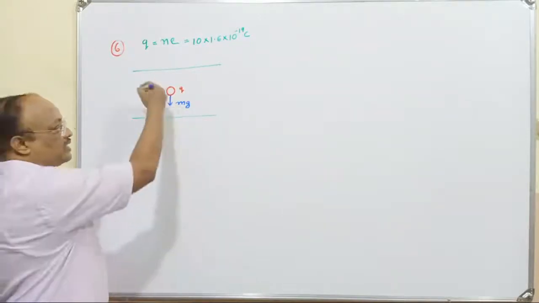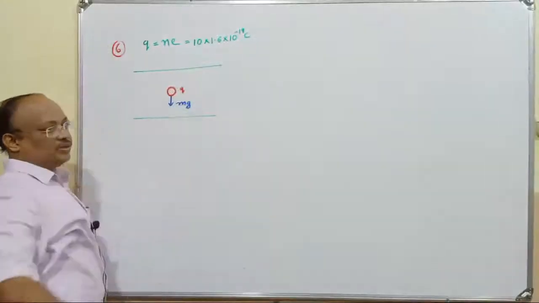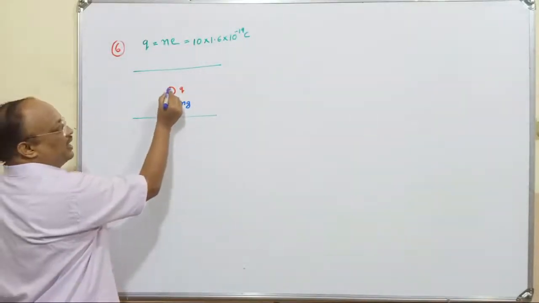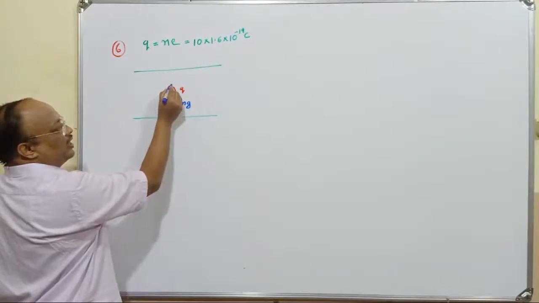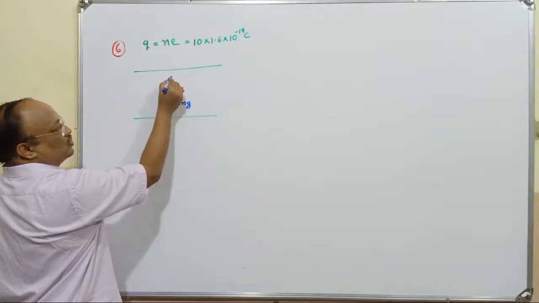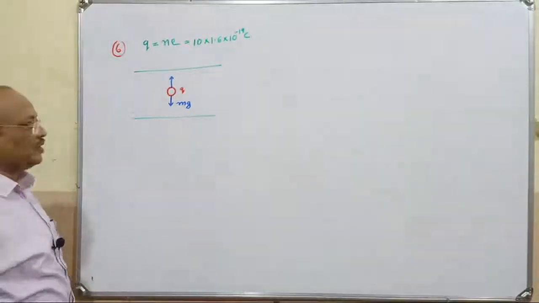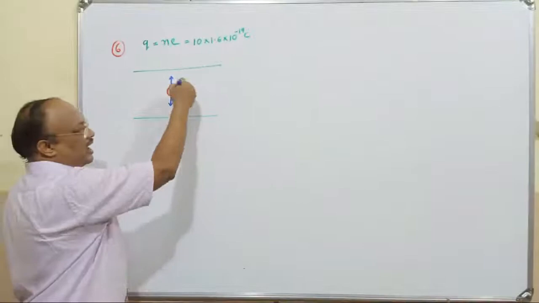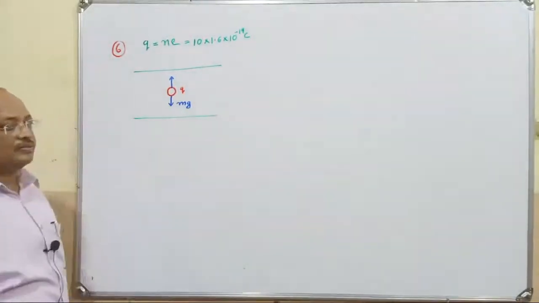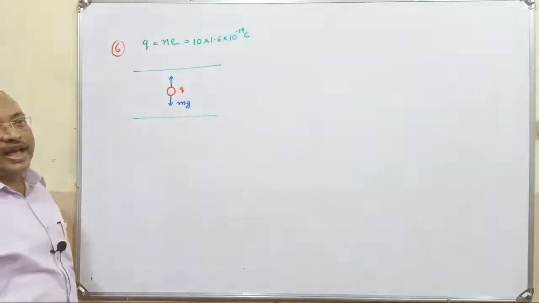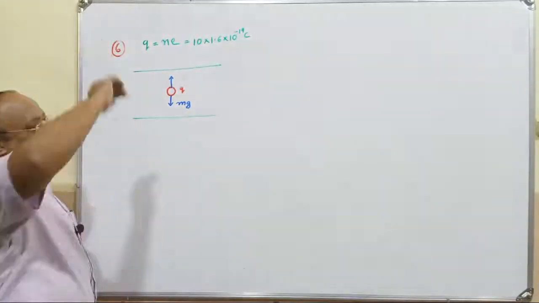So if it is to be balanced, there should be an electric force acting in the upward direction, because weight is acting downward.